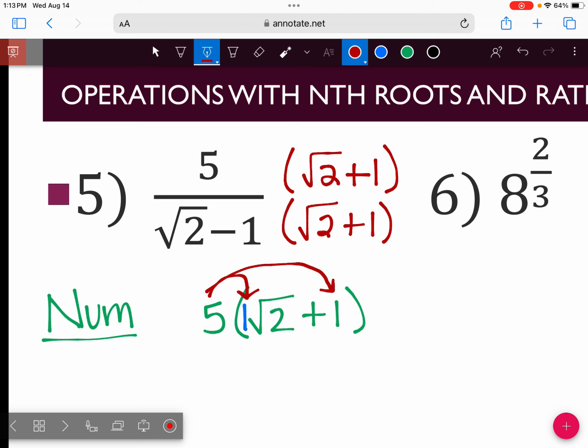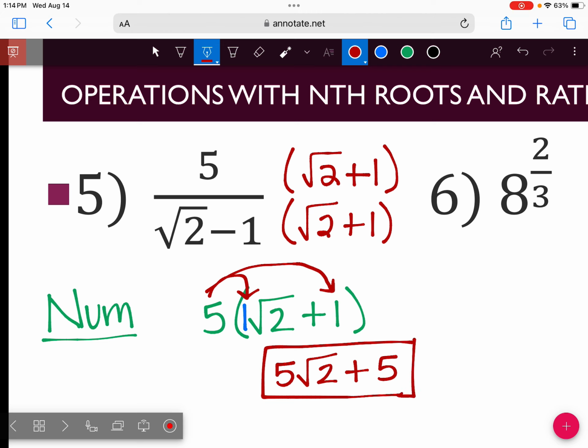I'm not multiplying that 2. That 2 is in jail. It's in a radical. We can't touch it. So when you multiply 5 by the 2 1s, we get 5 root 2 plus 5. So I'm going to put this in the box and save it. And now I'm going to start working on my denominator.